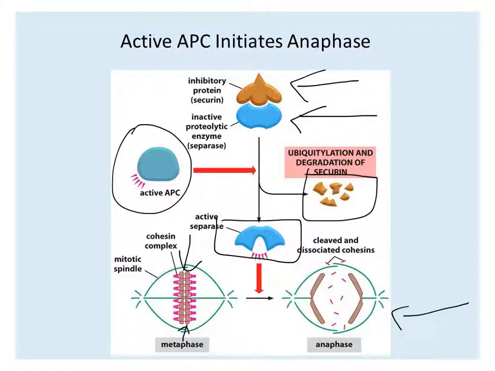For the G1 and the G2 checkpoint, there are specific CDKs whose activity is required to help progress the cell forward into the next phase. And they'll have key targets that they interact with and phosphorylate to lead to stimulation of that next phase. So in G1 and G2, it's CDKs, and in the metaphase-anaphase transition, the mitotic checkpoint, it happens to be APC.